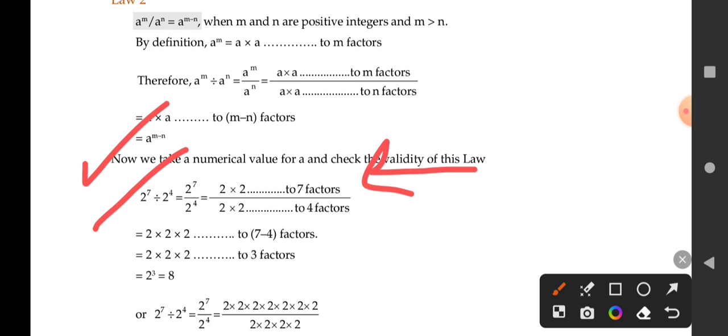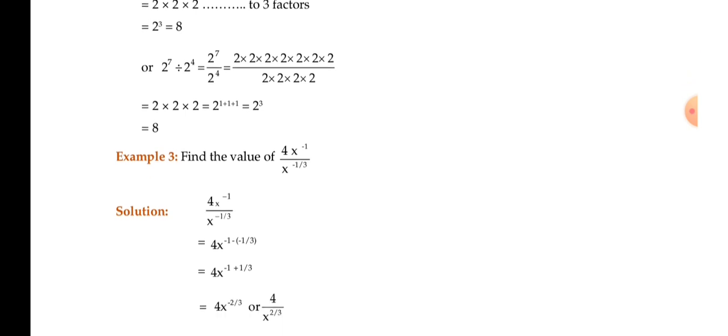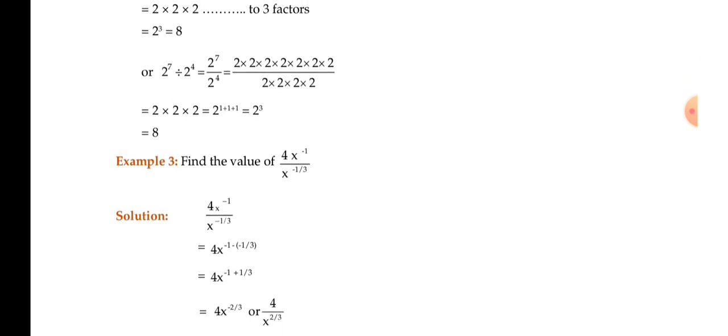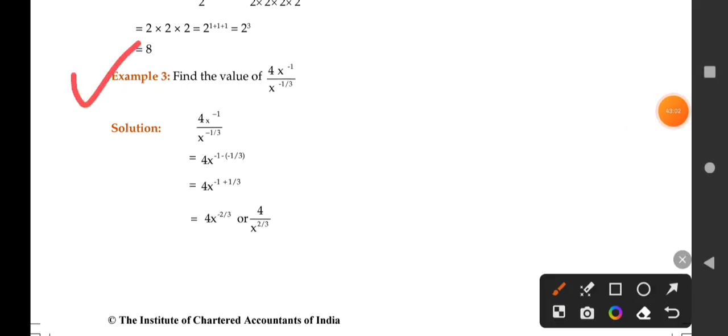You're going to cut 4 times from numerator as well, and you are left with only 3 times. 2 multiplied 3 times, correct? So which is 2 power 3, which is equals to 8. So there is another proof as well. Let's see example 3, which is very simple.